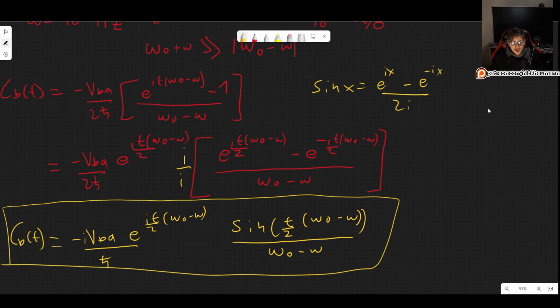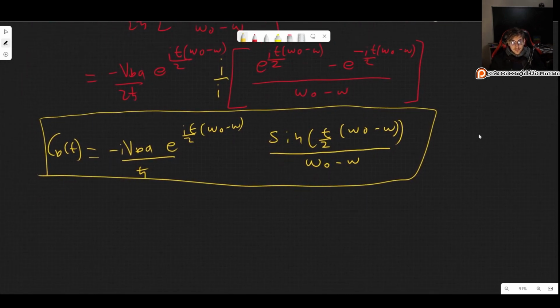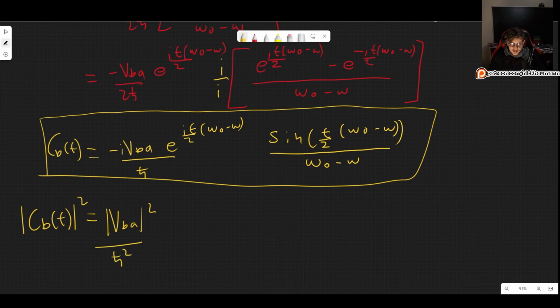And why is this relevant? Again, because this allows us to find the probability of finding our particle in state B, which is this higher state. Well, now, what is this? Well, if we take the absolute value of this, we get V_BA modulus squared. Now, of course, we don't know what that is at this moment.